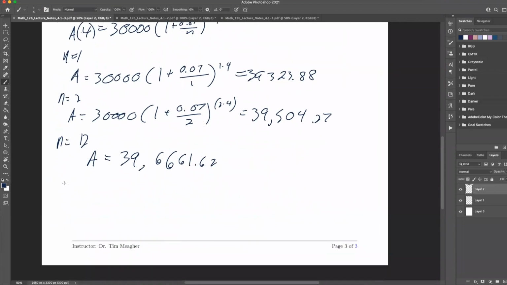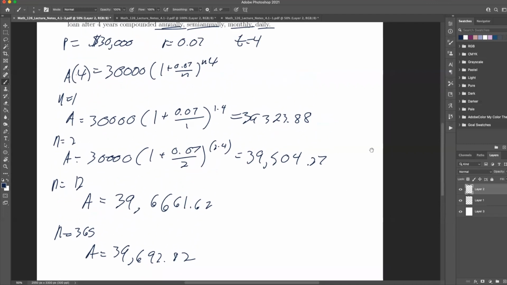And if we did it daily, so n equals 365, the amount is 39,692.82. And so notice the more we compound this, if we do it just once a year, it's $39,300 and some dollars.